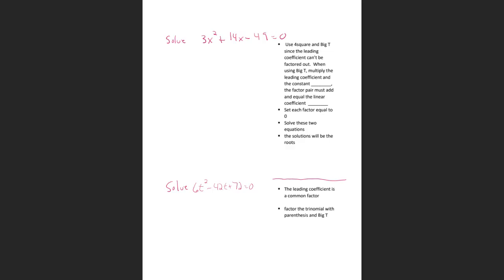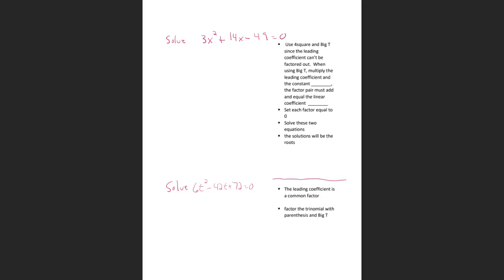So let's now take it to this next level, solving equations like this. We have 3x squared plus 14x minus 49 equals 0. I've been a big fan of this four square thing, but I'm discovering it's not all it's cracked up to be for these types of questions.